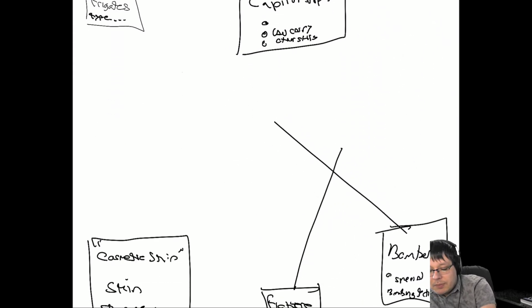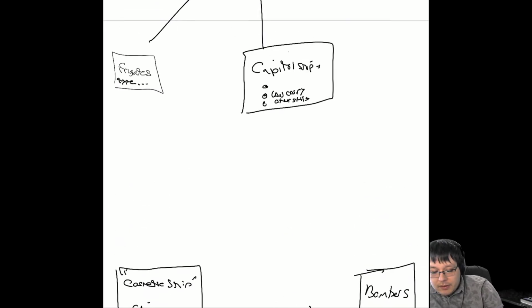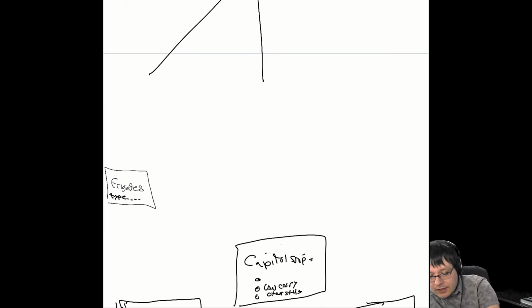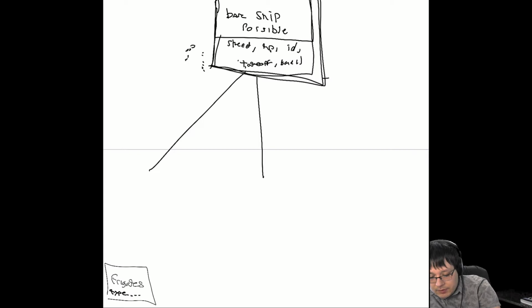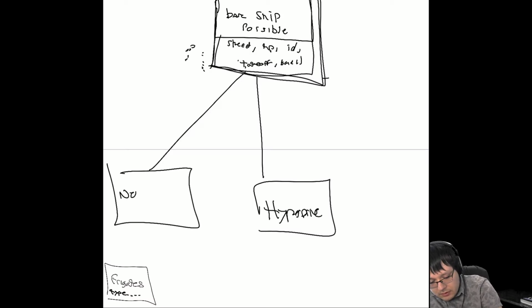And yes, I know some ships in Star Wars are fighters with hyperdrives, but technically I think the Falcon is a frigate. So we can put this hierarchy and say that there's two kinds of ships. Have hyperdrive, no hyperdrive.